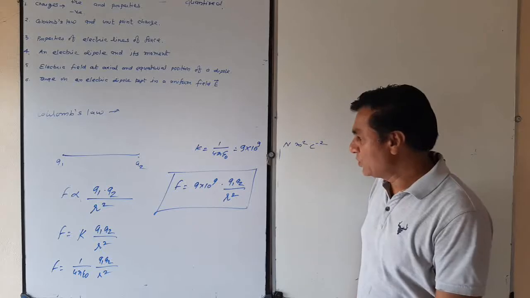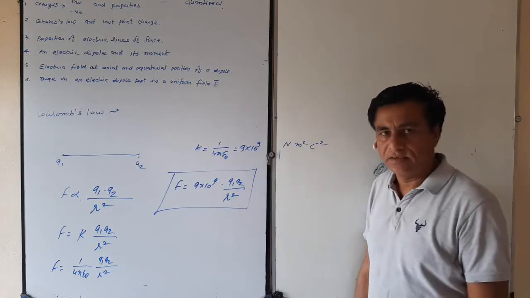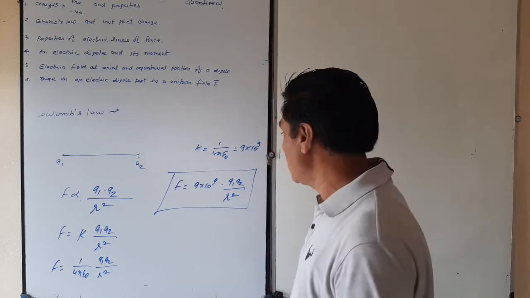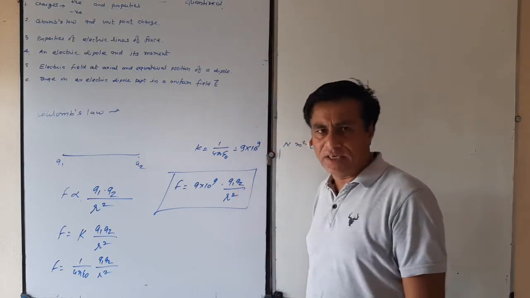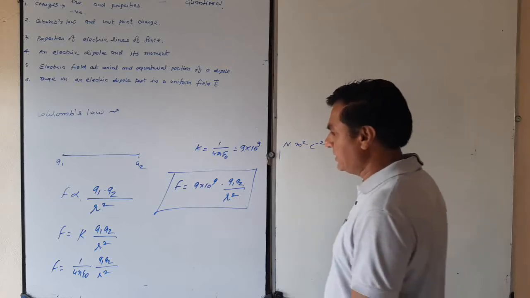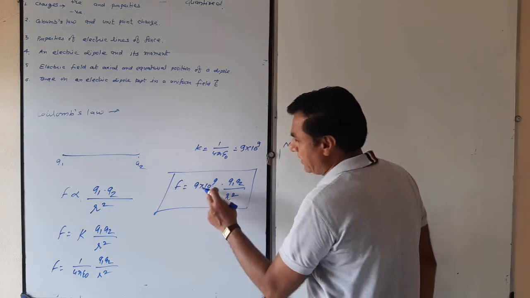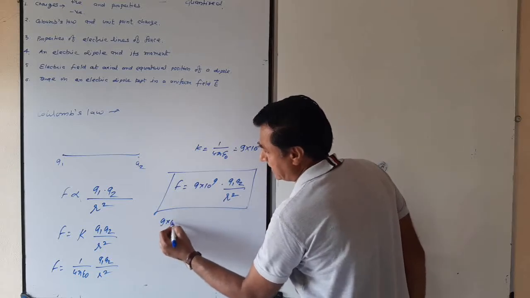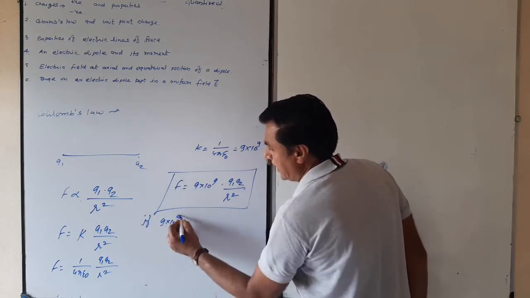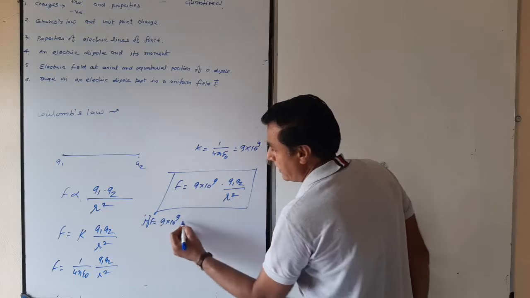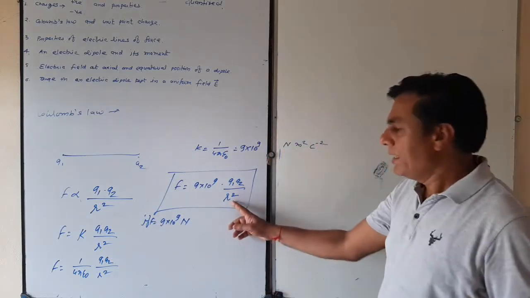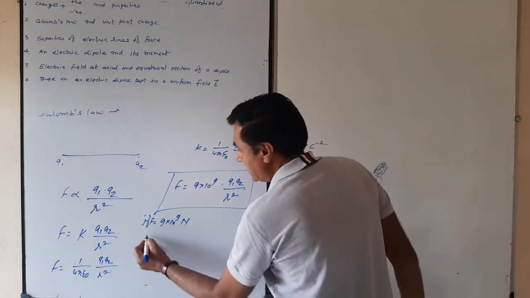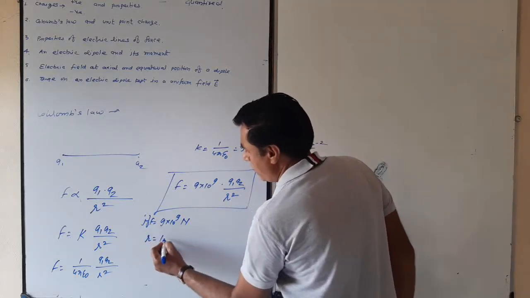Now if you wish to define unit point charge, let us take some conditions. By taking those conditions, we can define unit point charge. For our convenience, in order to cancel 9 cross 10 to the power 9, F is taken as 9 cross 10 to the power 9 Newton. To remove the R value, distance R is taken as 1 meter.